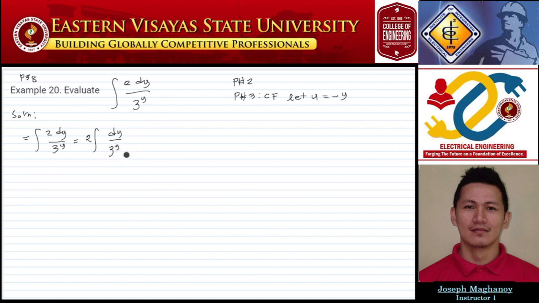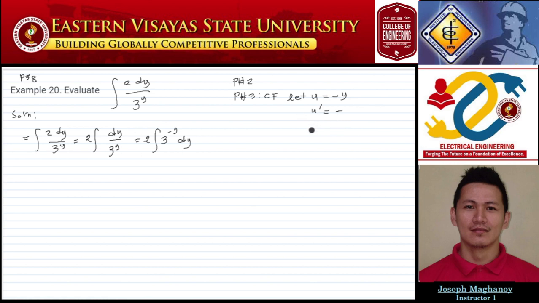So we rationalize, we eliminate the fraction, 2 times 3 raised to negative y dy. So your u is equal to negative y. It's clear. Now, if you get the first derivative of negative y, that is only negative 1.